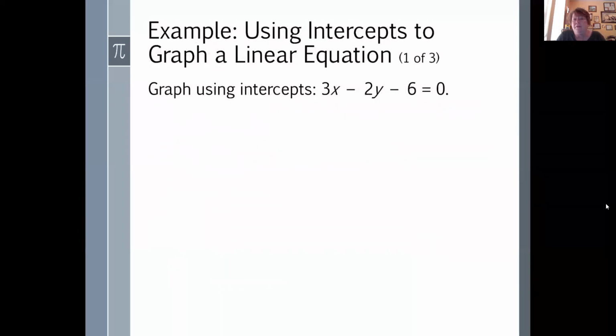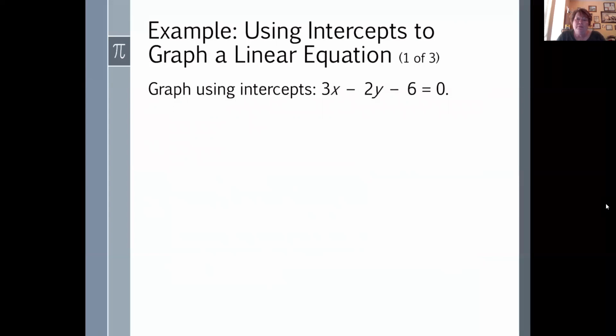Okay, graph using intercepts: 3x minus 2y minus 6 equals 0. To find the x-intercept, you are going to set y equal to 0. To find the y-intercept, you are going to set x equal to 0. Now, I fudge this a little bit, and I add the 6 to both sides to get this in a slightly different form. It just makes solving the equation easier.